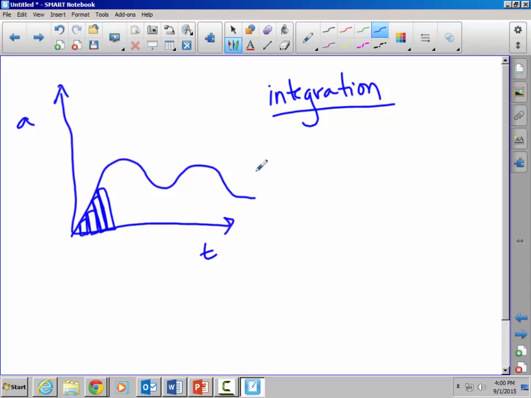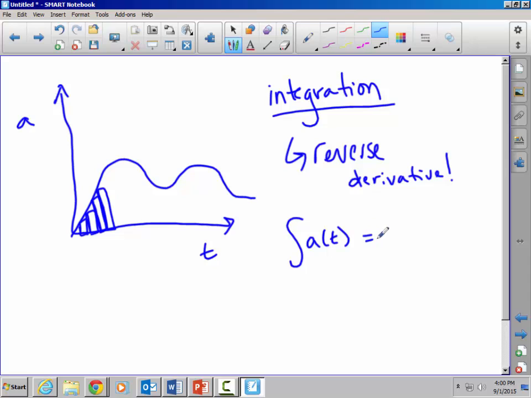So you can think of integration as the reverse of a derivative, or you are undoing a derivative, kind of, sort of. So if I had an acceleration time graph, the integral of my AT graph would give me my velocity function.